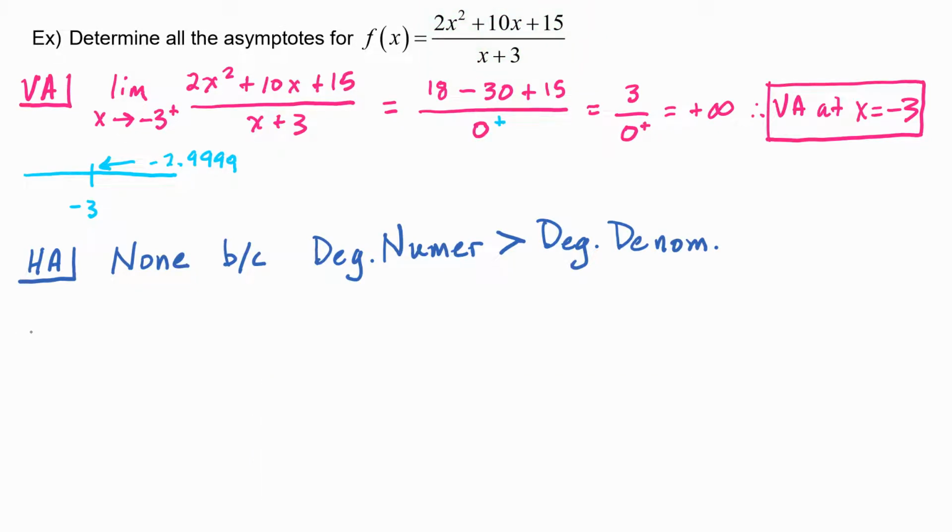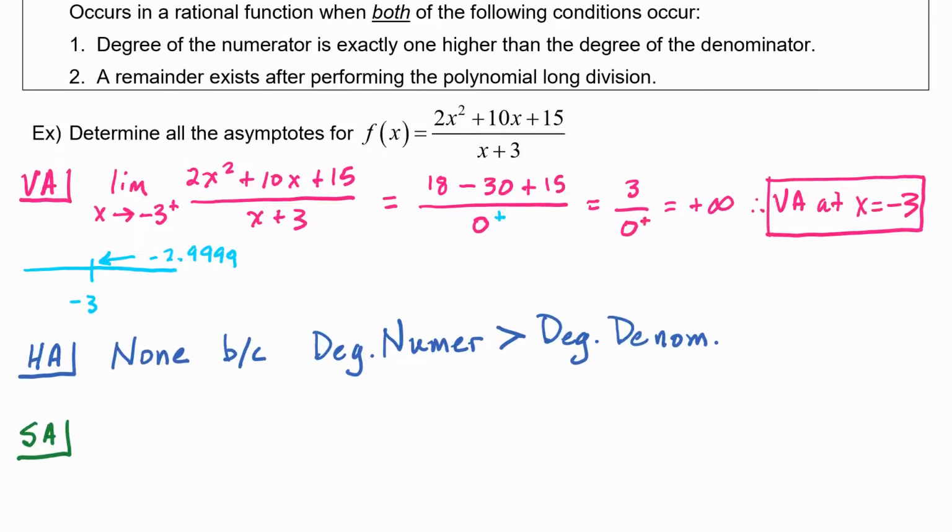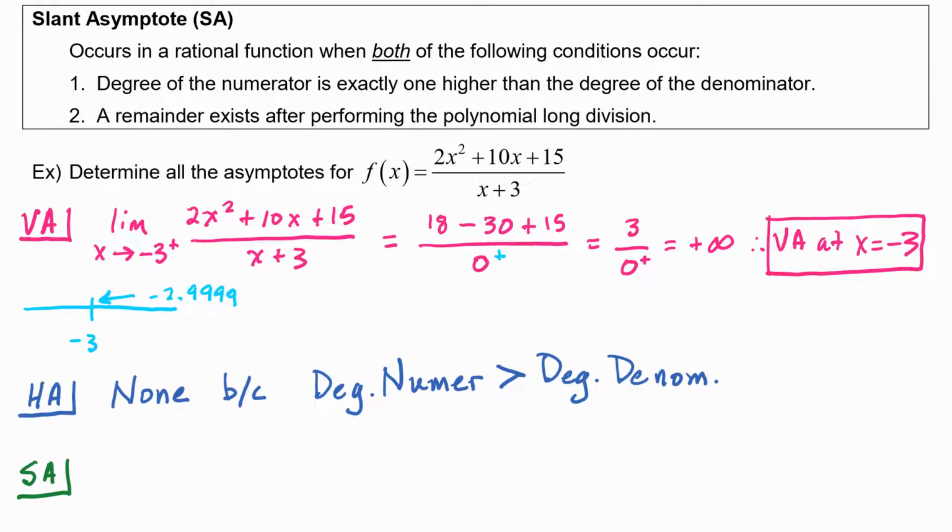Then we can check for slant asymptotes. And remember, the rule for slant asymptotes was that they can occur if the degree of the numerator is exactly one higher than the degree of the denominator. And that is the case we have here because the degree of the numerator is 2 and the degree of the denominator is 1.